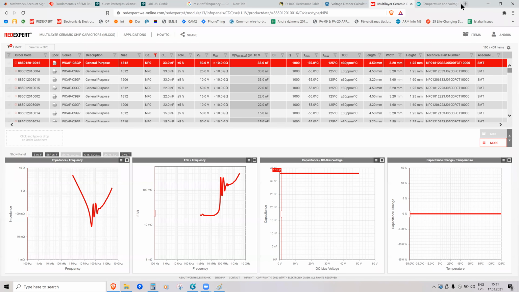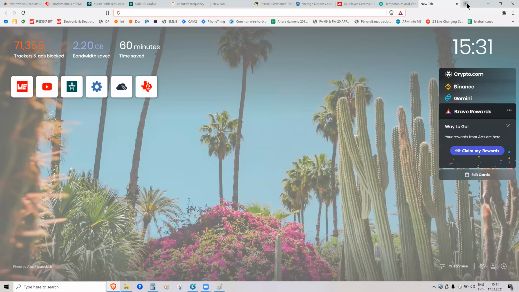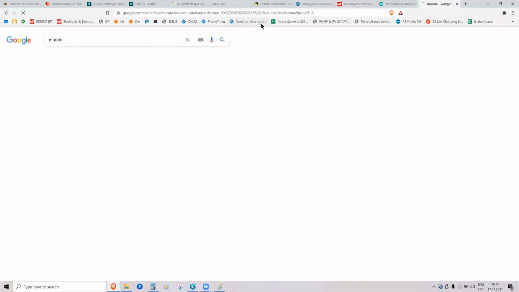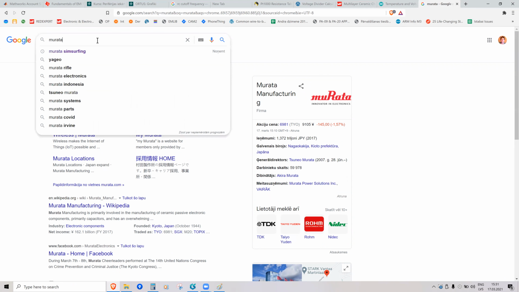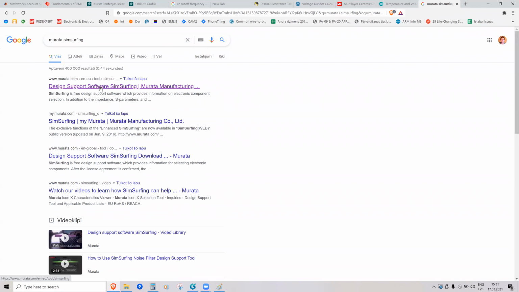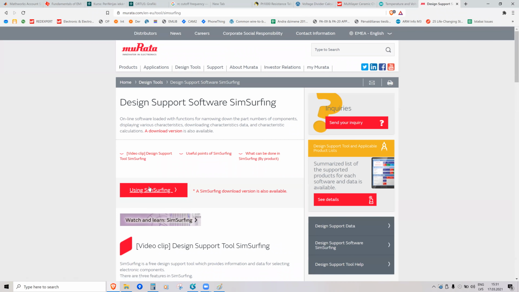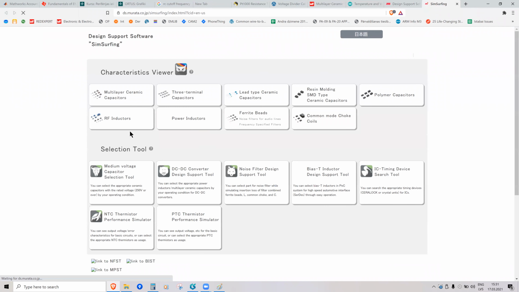So let's check out Murata. Murata website is SimSurfing. Murata is also a very good manufacturer. Their capacitor selection software is called SimSurfing, and you can select multi-layer ceramic capacitors.